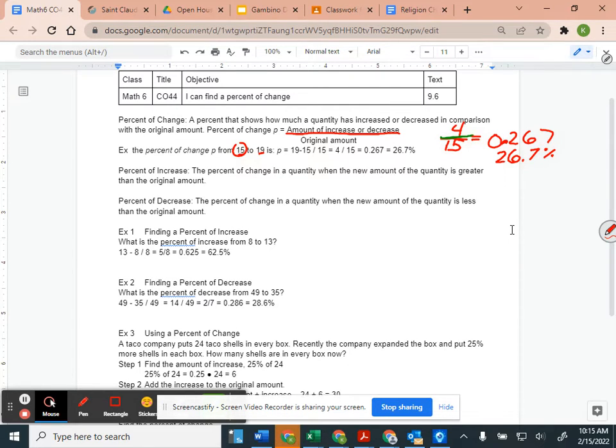What's the problem, Dayton? Like I do 4 divided by? Yeah, so 4 and 15. So there is a button on this calculator where it'll flip it so it doesn't give you the fraction and it'll give you the decimal. I can't remember off the top of my head which button it is.